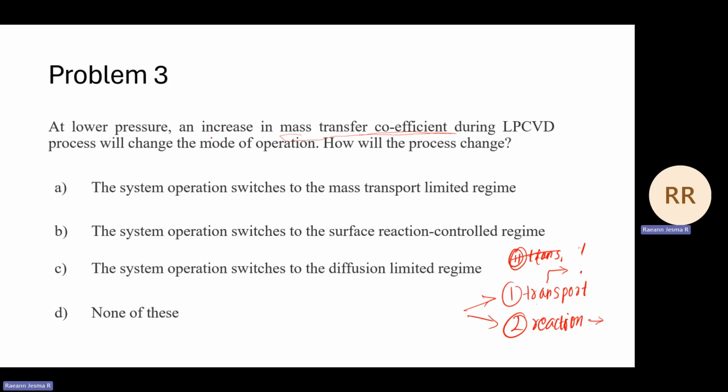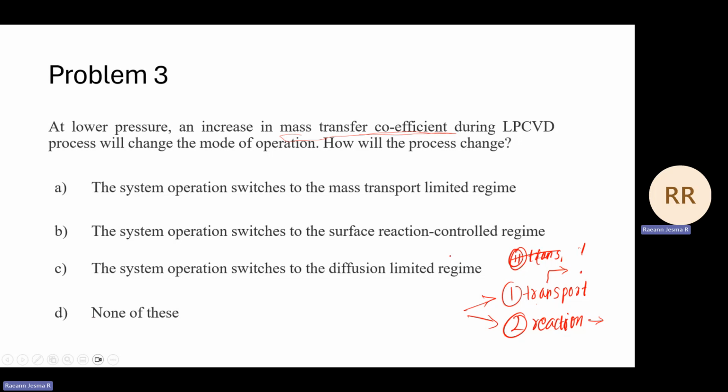Here, because you are providing enough mass, you are transferring enough reactants to the surface. However, if you are not supplying enough energy, then your reaction rate will get limited.